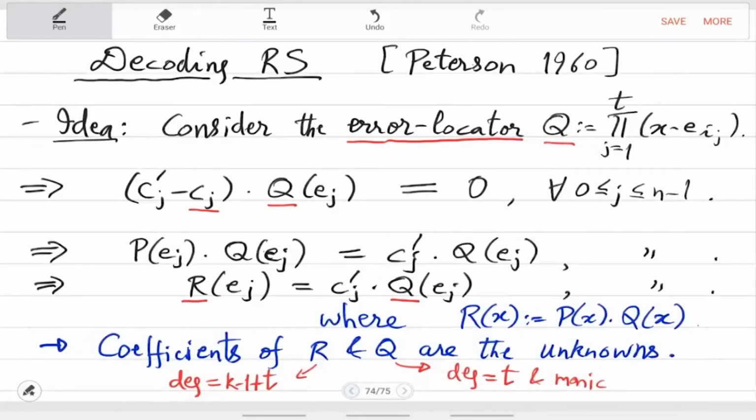So the linear system was n equations, but the places which were correct, n minus t many places, can we say that delta is vanishing on those places? Why can we say that? Because when j is a correct place, Cj prime is Cj, so that is the value of P. R prime, Q prime is an arbitrary solution that satisfies this. So R prime is equal to P times Q prime, at least on the correct places.